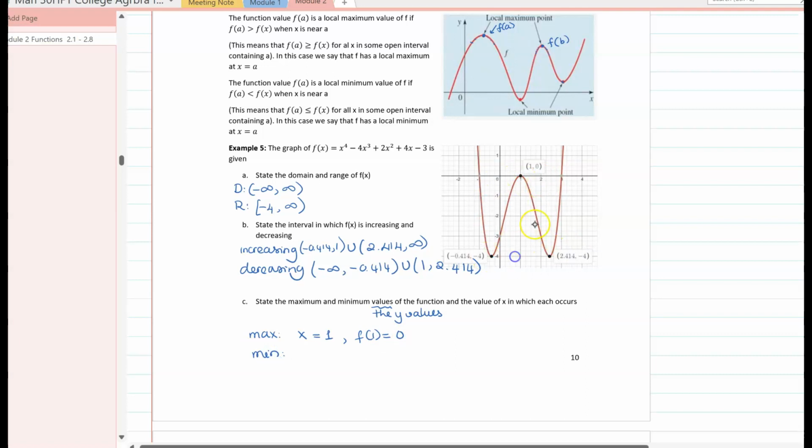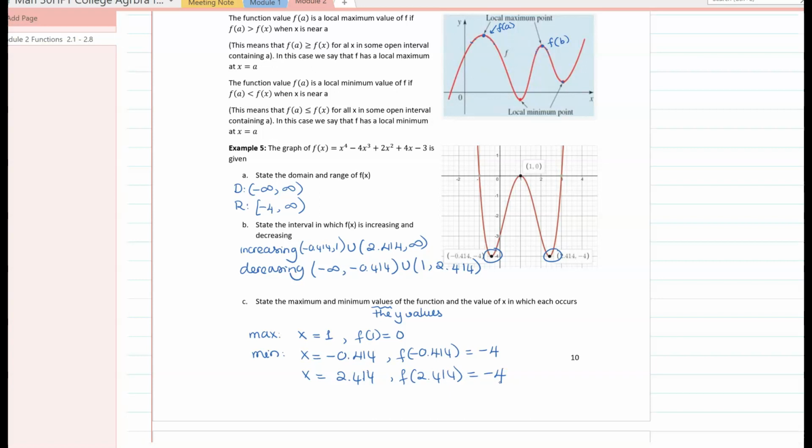Minimum, just 2 points right here, at x equal to negative 0.414, where f of negative 0.414 equals negative 4, and at x equal 2.414, and f of 2.414 also equals negative 4. So the maximum value is 0 at x equal 1, and the minimum value is negative 4 at x equal to negative 0.414 and at 2.414.